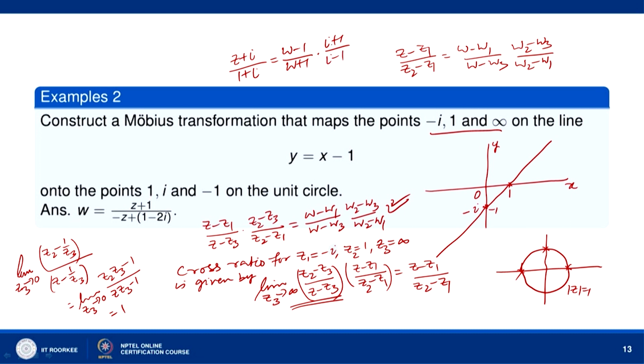So, this is the equation. This can be simplified and after simplification we get w equal to (z plus 1) divided by (minus z plus 1 minus 2i). So, this is the required transformation which maps the points minus i, 1 and infinity to 1, i and minus 1 on the unit circle.